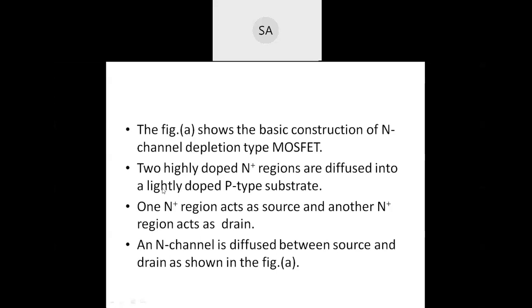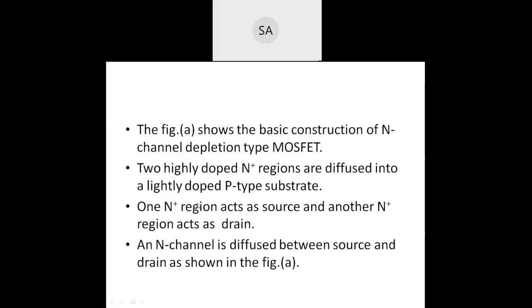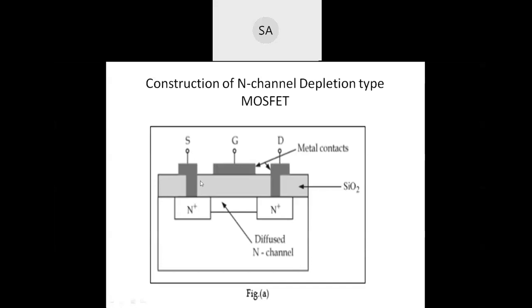Here figure A shows the basic construction of the N-channel depletion type MOSFET. Two highly doped N-plus regions are diffused into the lightly doped P-type substrate. This is the P-type substrate. One N-plus region acts as the source and the other N-plus region acts as the drain.